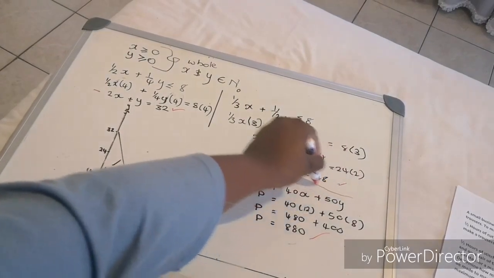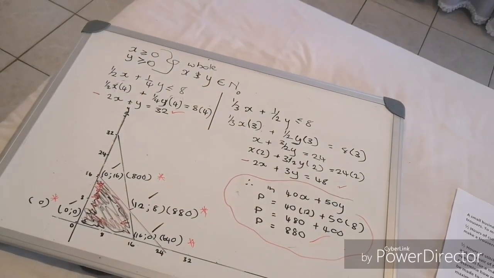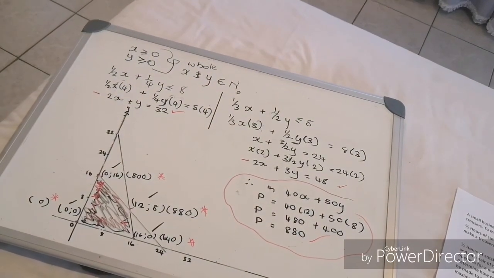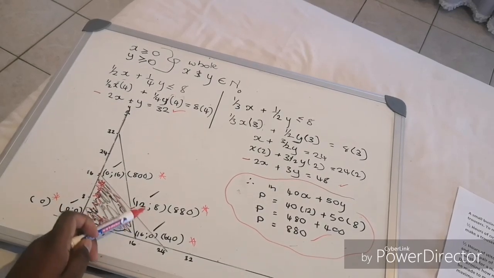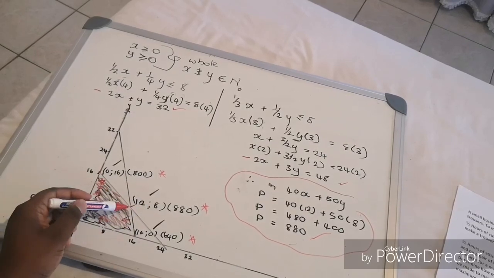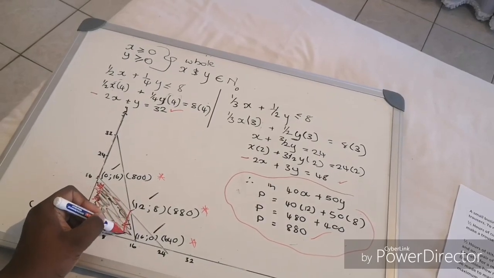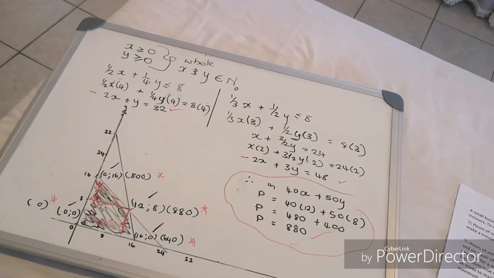As you can see there, that's what I've done. In this case, I chose to work with the highest values in regards to the vertices, which is 12 and 8, where the graph meets here. 12 being my x-coordinate, 8 being my y-coordinate.